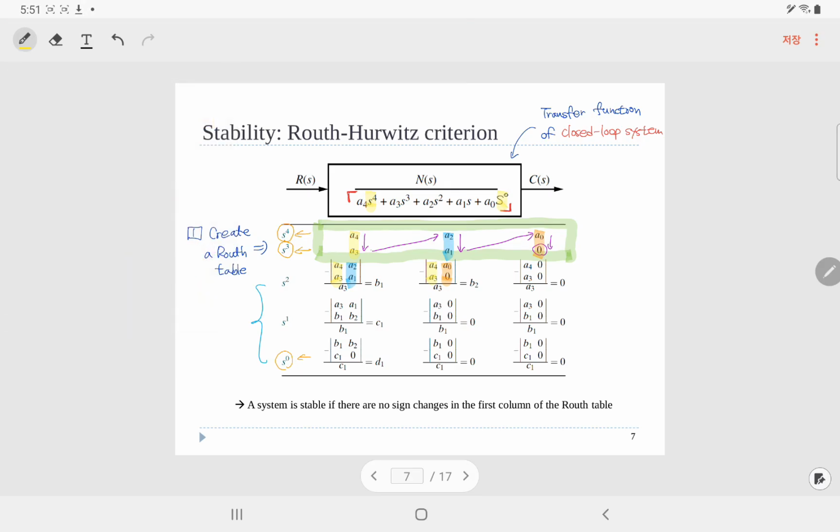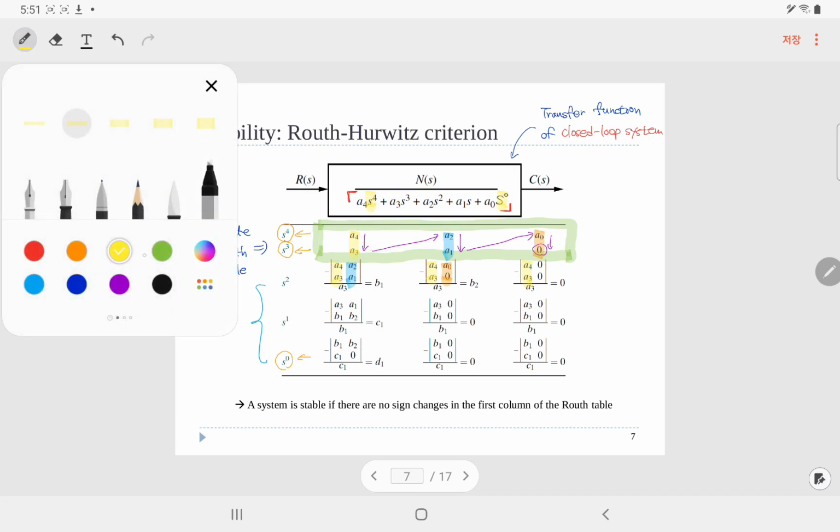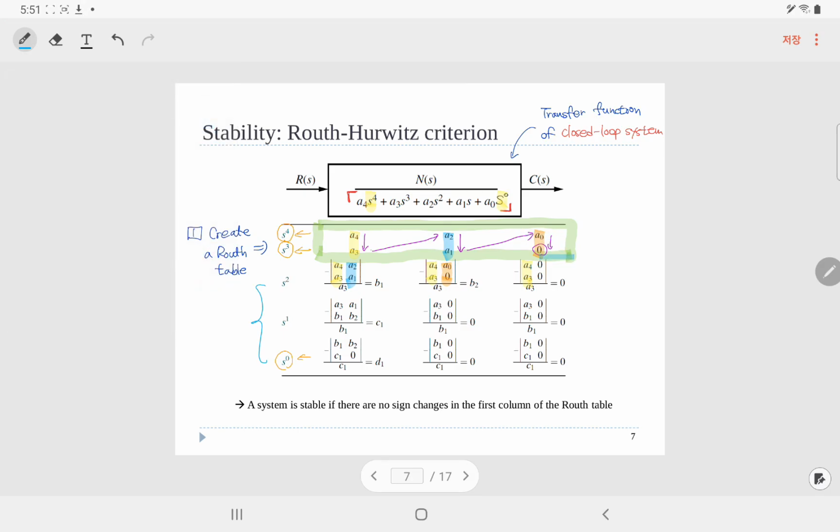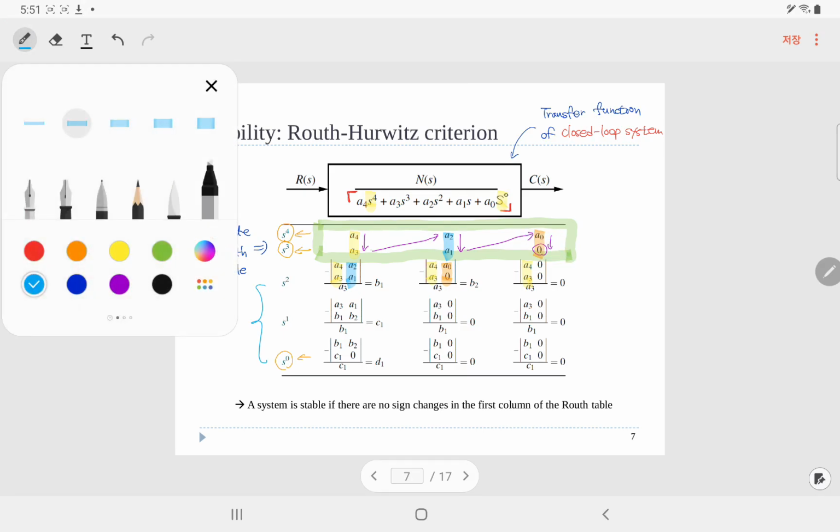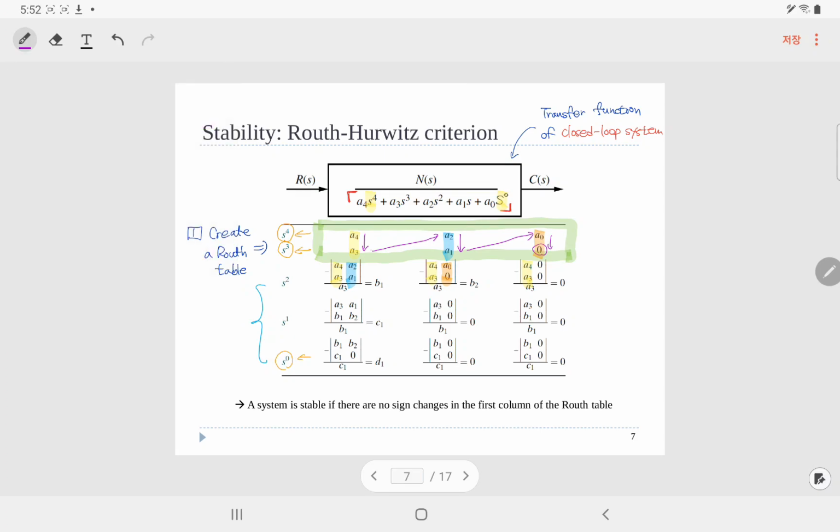The first column is A4 and A3, and this is identical to this one. But the rest becomes this column, 0 and 0, because there are no more columns here. So these entries are replaced by 0 and 0.